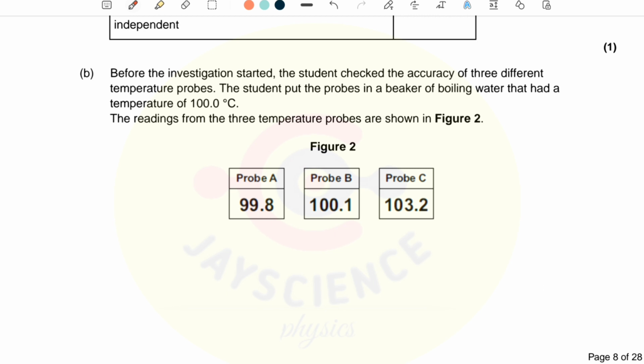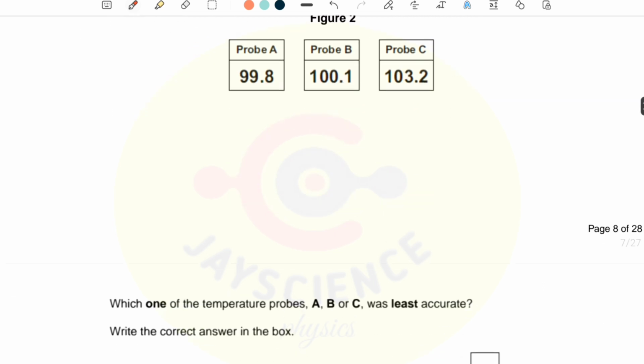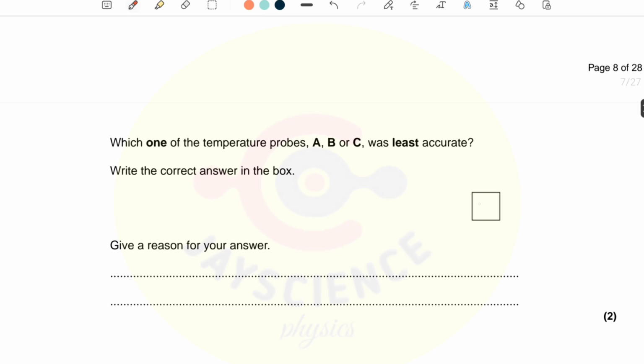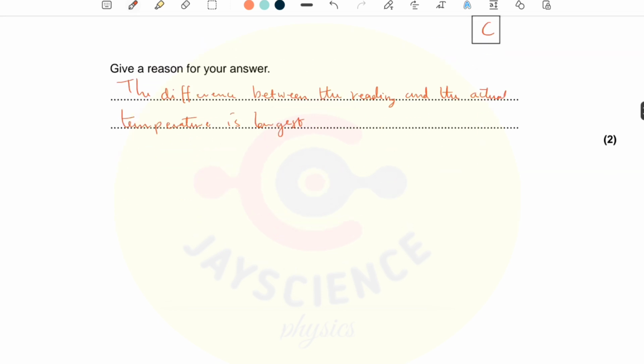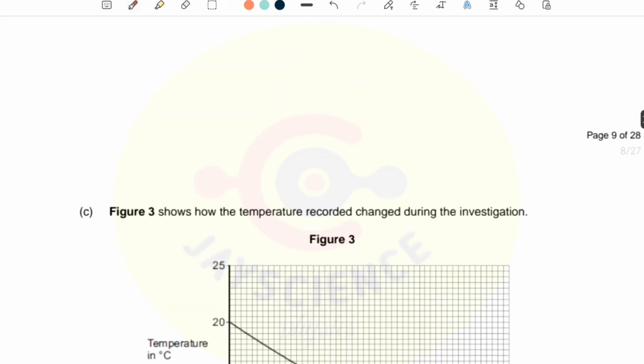And then 103.2 is way off the mark. So we'll go with probe C, which is 103.2, and the reason is that the difference between the reading and the actual temperature is the largest.